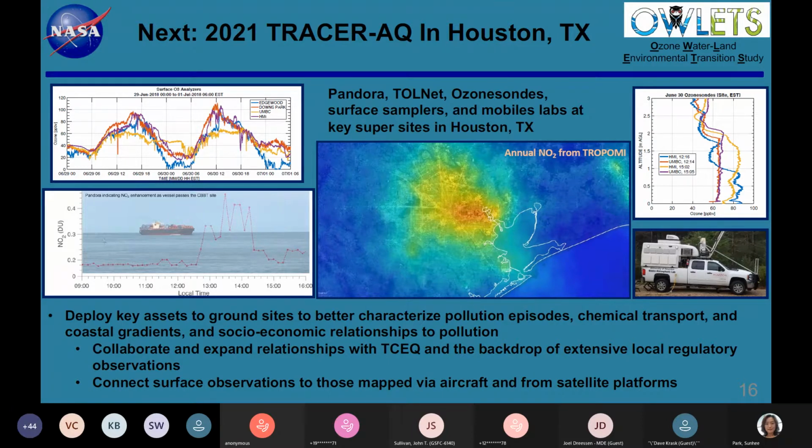This will also be focused more, in a lot of ways, on the socioeconomic discrepancies and their relation to air quality. So this is going to be partially funded by what NASA would deem their applied sciences funding. But really exciting, and this is sort of our next iteration of air quality work. So if you are involved in this or interested in this, or know another state agency that would really greatly benefit from a campaign like this, please try to get in touch with me and we can try to work something out.